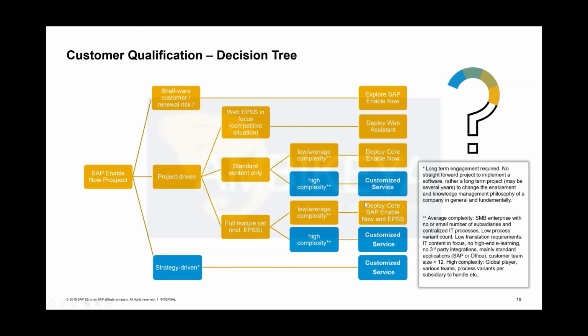All the blue branches within the decision tree end up in a customized service where either you or the corresponding pre-sales colleagues will work together closely with the Enable Now service champions of your corresponding region to get a proper service tailored for the specific customer.